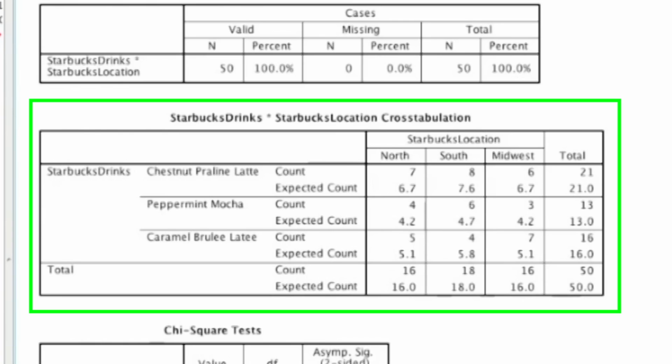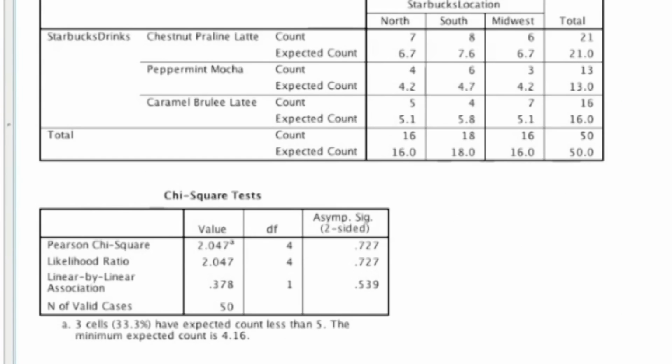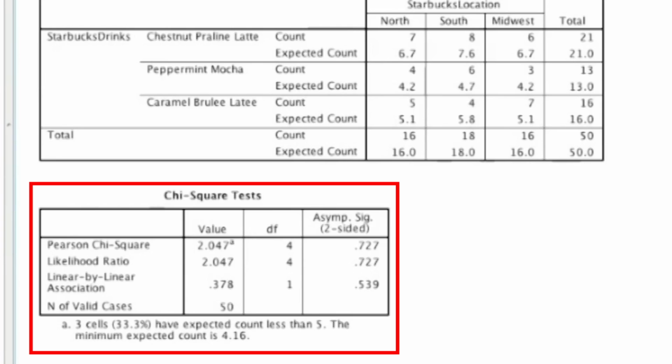So for this example, there were 7 people who ordered the chestnut praline latte in the north, and it's expected that there are going to be 6.7 people, or 7 people if we round up, since technically we can't have 0.7 of a person.